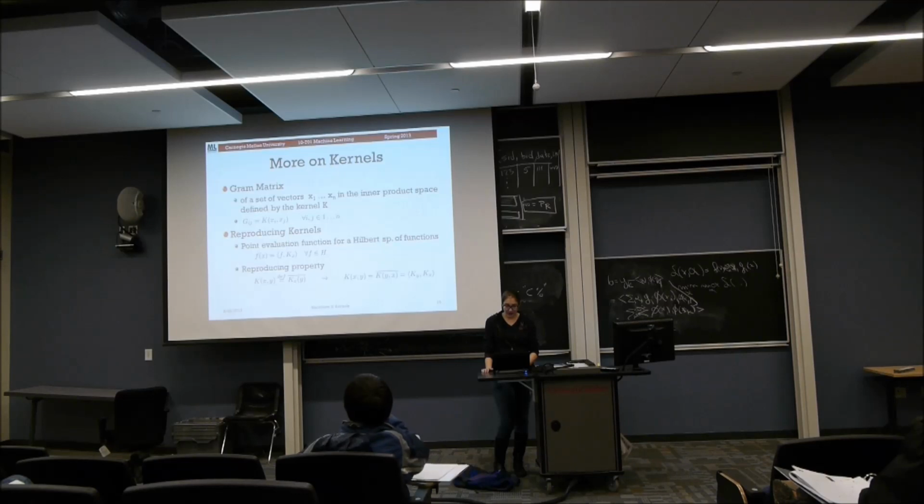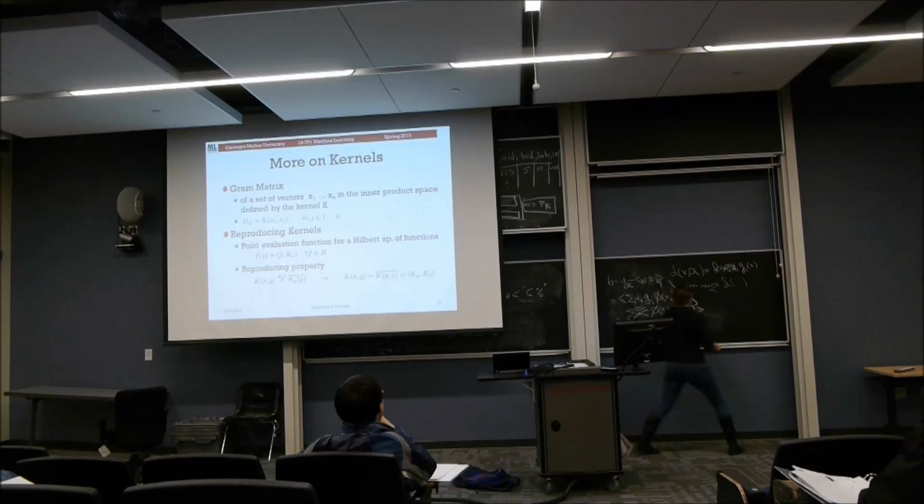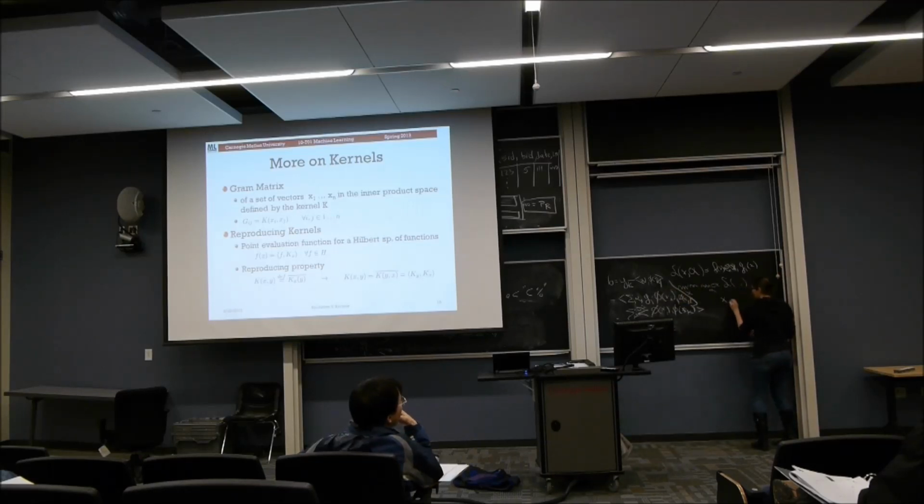K_x is the point evaluation function. For every point x in my set, I have this function. So I have a point x, and I map it to K_x.